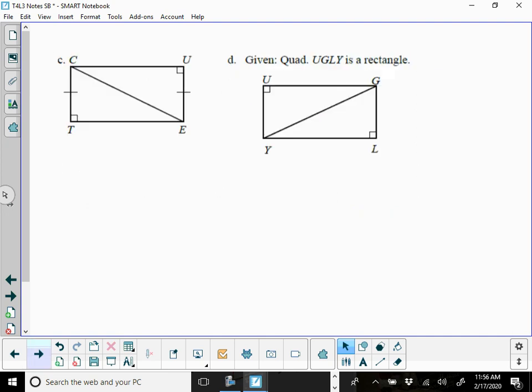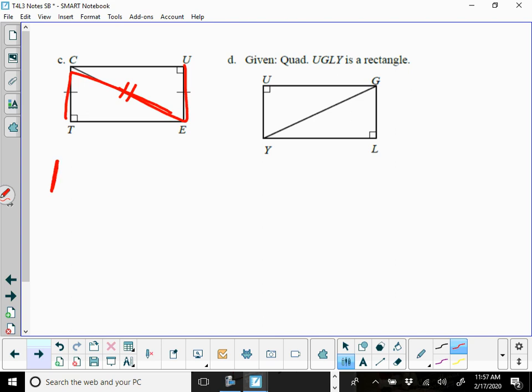Okay, letter C. All right, we got the reflexive property right here. So that is the hypotenuse of both of those right triangles. So we do have hypotenuse and a leg, hypotenuse and a leg.